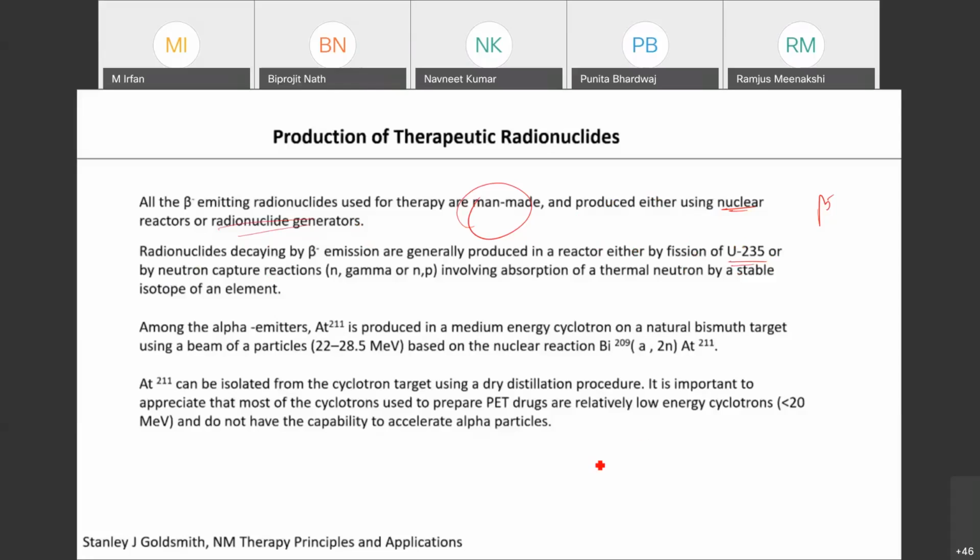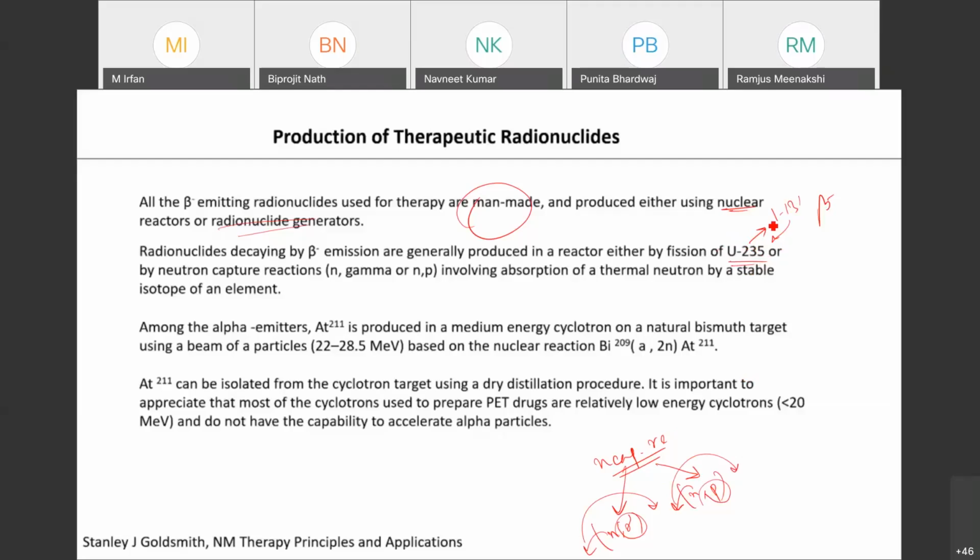These reactions can be of two different types: an (n,gamma) reaction or an (n,p) reaction. In the first, a neutron comes in, makes a daughter and emits a gamma ray photon; in the second, the neutron gets captured, emits a daughter, and a proton gets liberated. These two reactions, or the fission of uranium-235, can be used for production of beta emitting radionuclides. For example, we can also produce iodine-131 through uranium-235 fission.